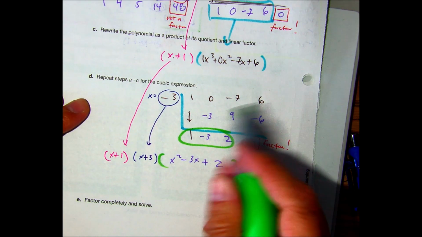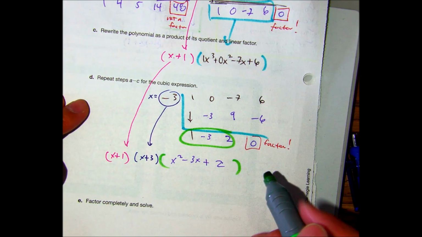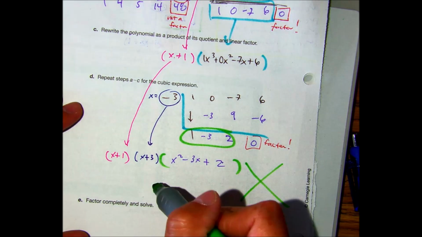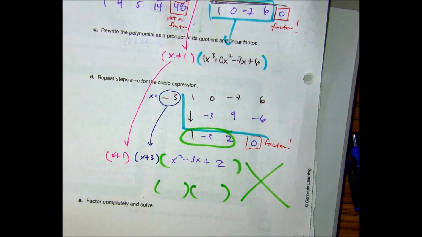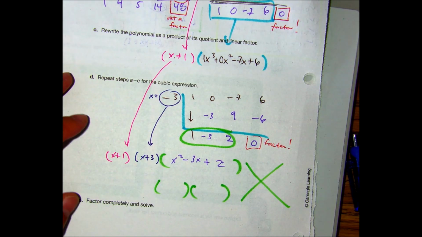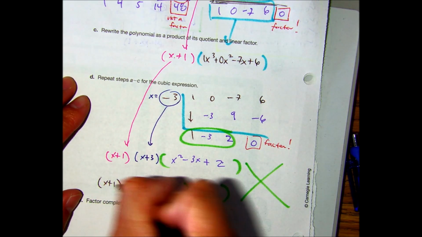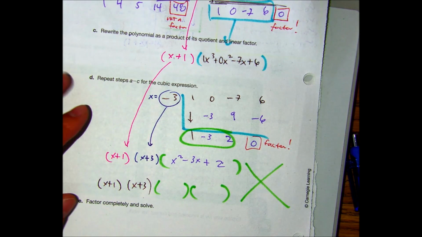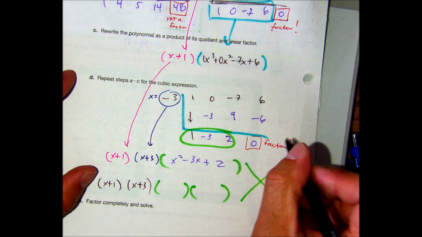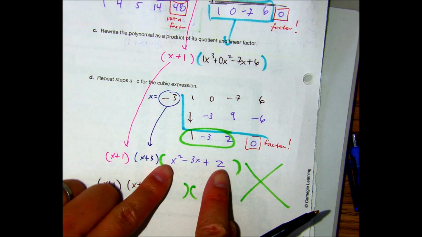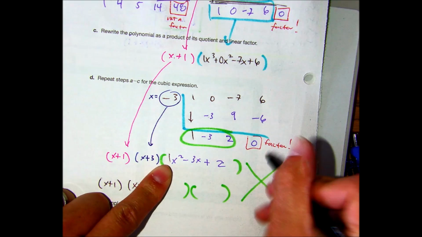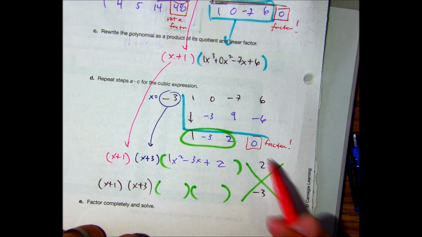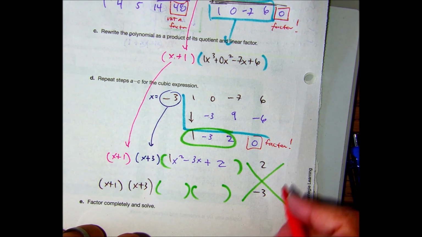You could use your rational roots theorem to actually pick the other one, or at this time it will be appropriate to use our x method of factoring. Let's do that really quickly together. Class, 2, A times C? 2. B value? 3. 2 numbers that multiply to be 2 but add to be negative 3.